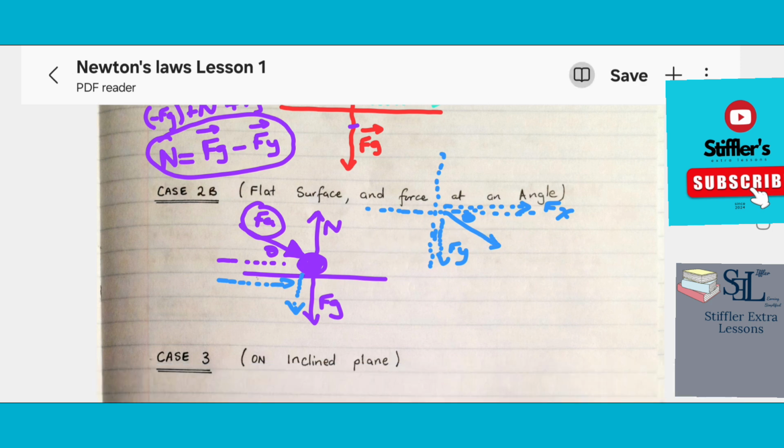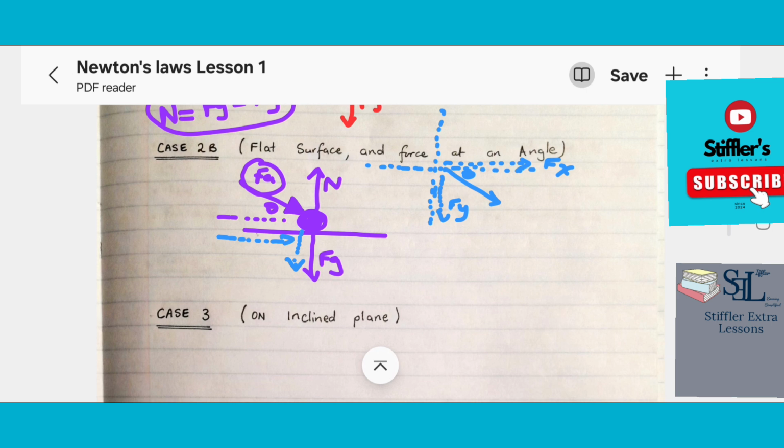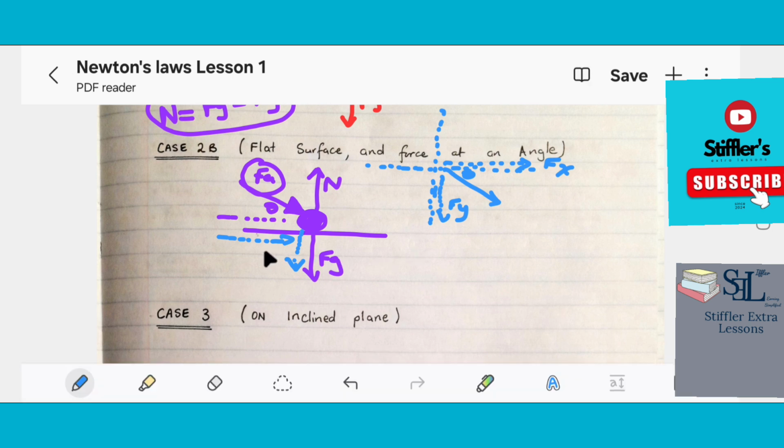Now it is quite evident that our F at y is going downwards. So these two must balance the normal force, because we said there's no up and down motion. It means that again our Fg plus our normal force plus our F at y, we must get 0, because there's no up and down motion.